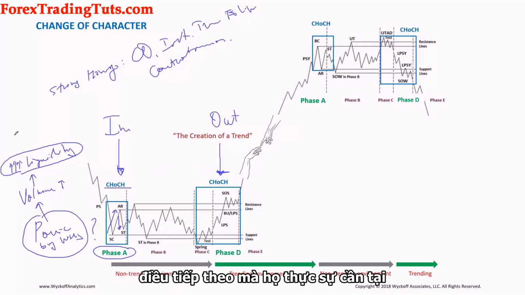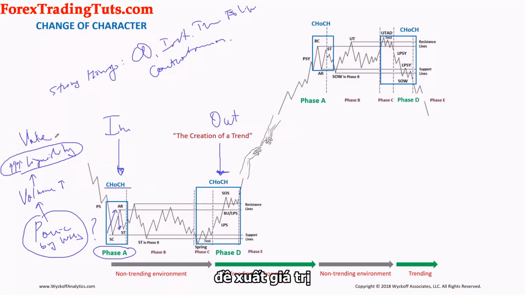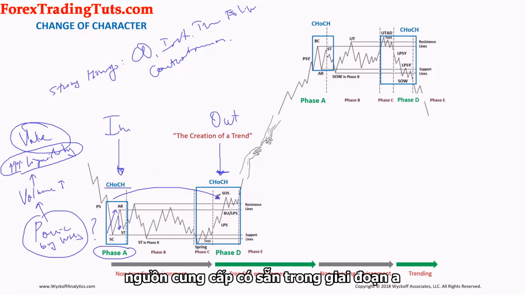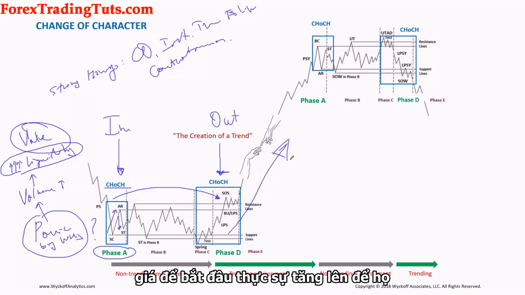The next thing that they really need at this point is some kind of value proposition. They need this stock to be at a price that has long-term value for them, because, still thinking about the whole process of absorption of the supply that is available in phase A, they might be thinking that it's going to take some time for the price to stabilize and then for the price to start actually going up.